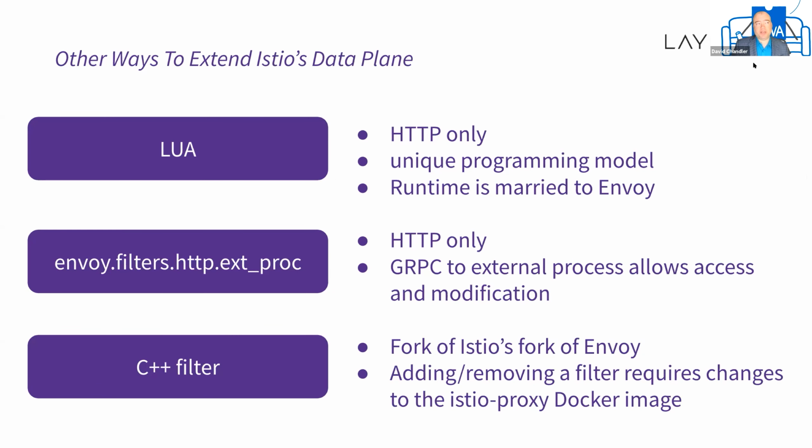Well, at the very least, you're going to have to build your own fork of Envoy and build a Docker image around that and tell Istio to use this Docker image for Istio proxy, not the standard one. So if you want to try your filter and then stop trying it, not so easy compared to WebAssembly, where we can really just tell Kubernetes, here's an Envoy filter custom resource, and Istio tells every Envoy, run this WebAssembly.